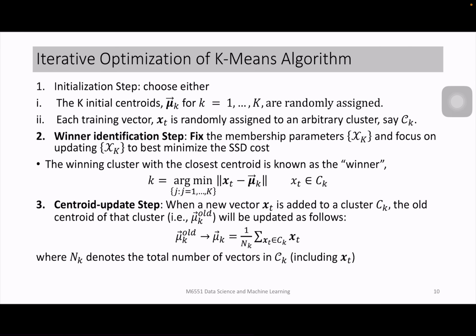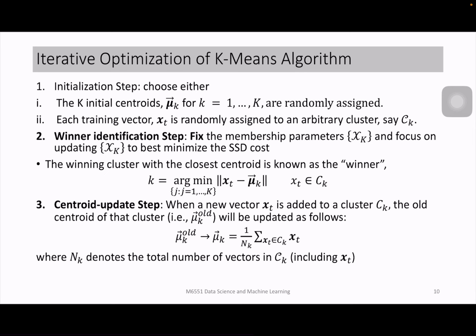Iterative maximization optimization of the k-means algorithm. Our initial step is to choose K initial centroids, mu k for k equals 1 to K, randomly assigned. Each training vector xt is randomly assigned to an arbitrary cluster, say Ck.